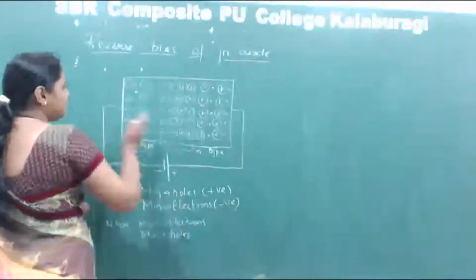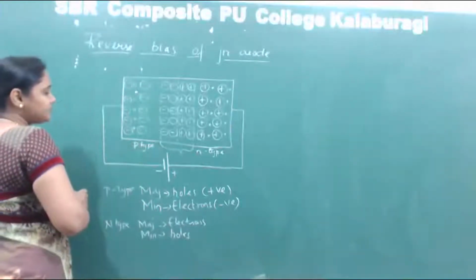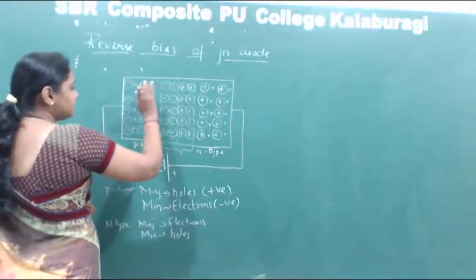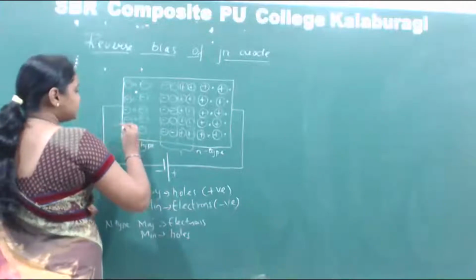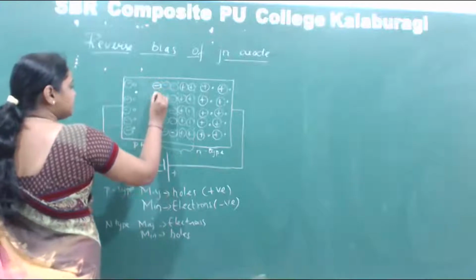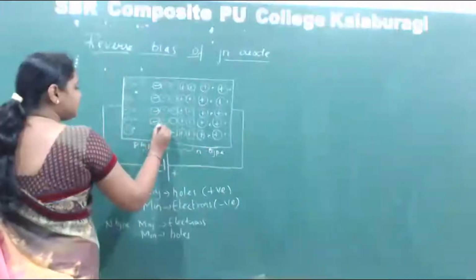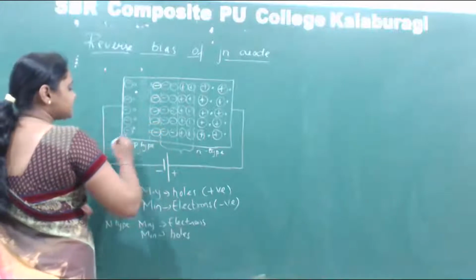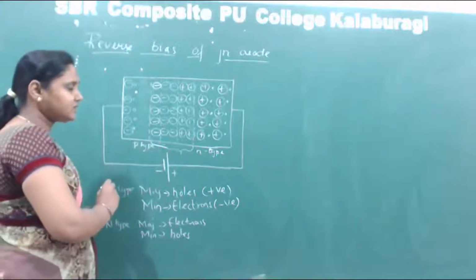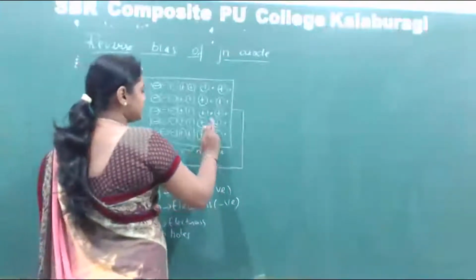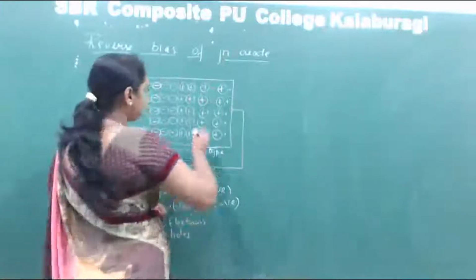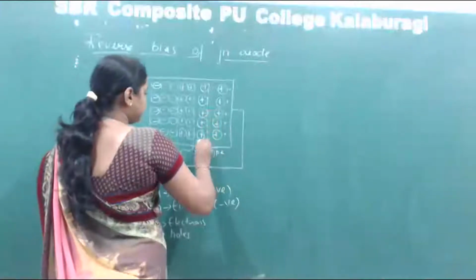So now these immobile ions are also part of this depletion region. Now this side the depletion region has become wider. Now the width has increased. Similarly, all these electrons are moved towards the positive terminal. Now the width has become this much.